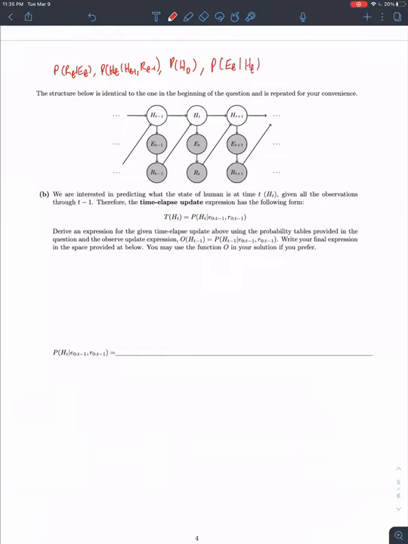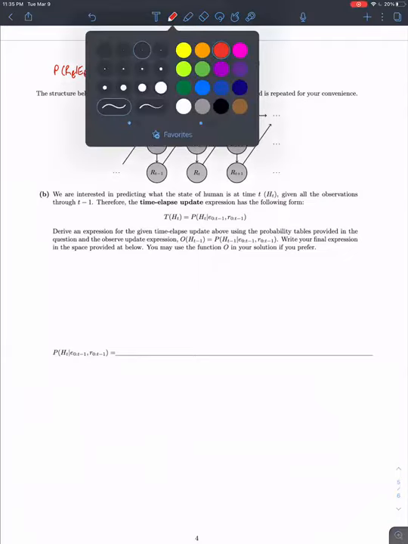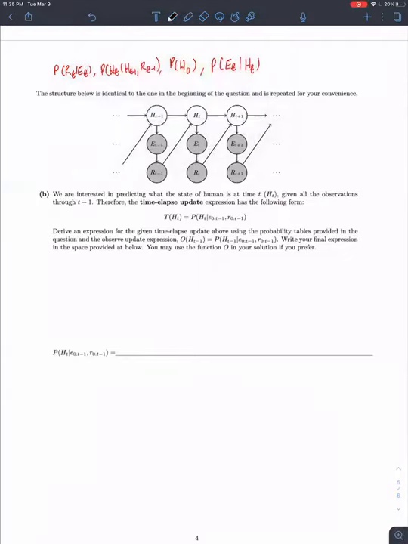All right. So now we want to find the time-lapse update above. So HT given E0 to T minus 1, R0 to T minus 1. What's that equal to? Well, how are we going to do this?